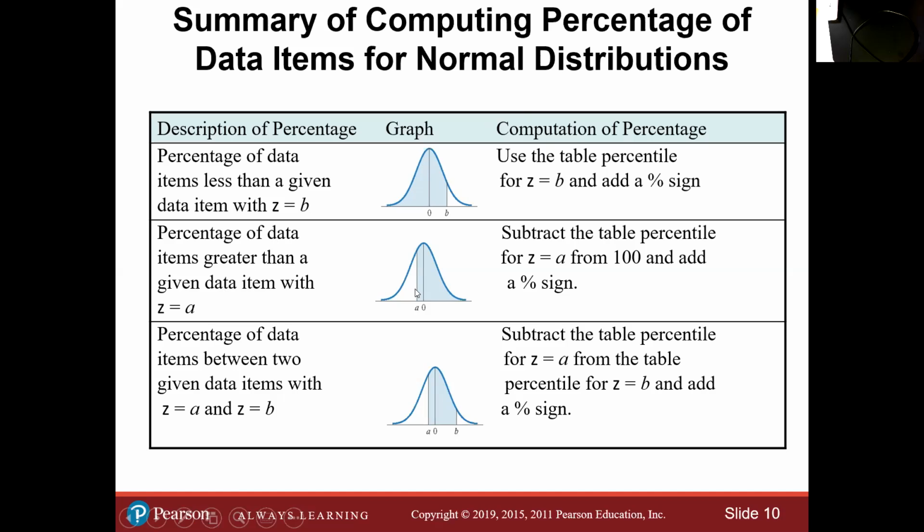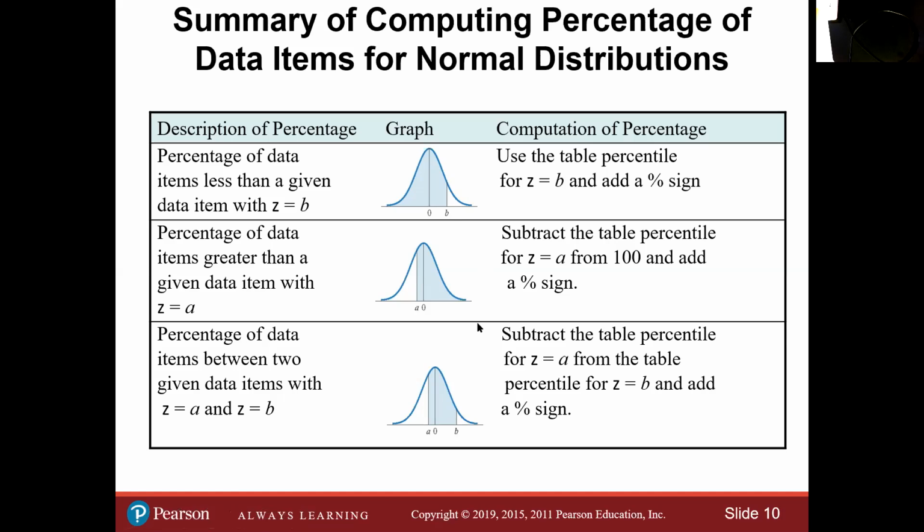Percentile measures area to the left. If we get a problem that says more than or greater than, you simply take the percentile and subtract it from 100%, because the whole curve is 100%. If you subtract off what's to the left, that'll give you what's to the right. And then finally, we looked at a problem like we just did where it was in between.